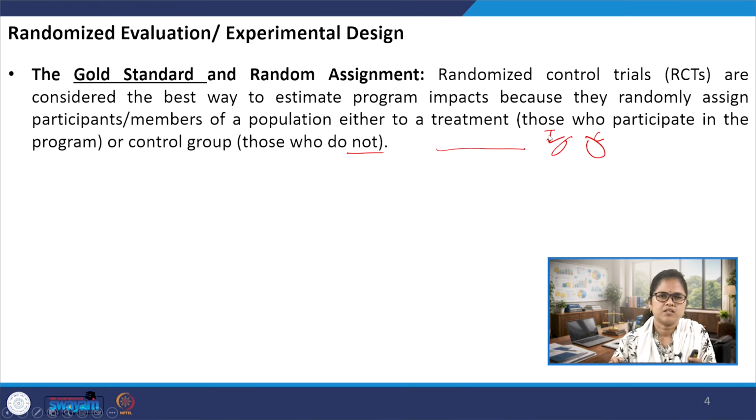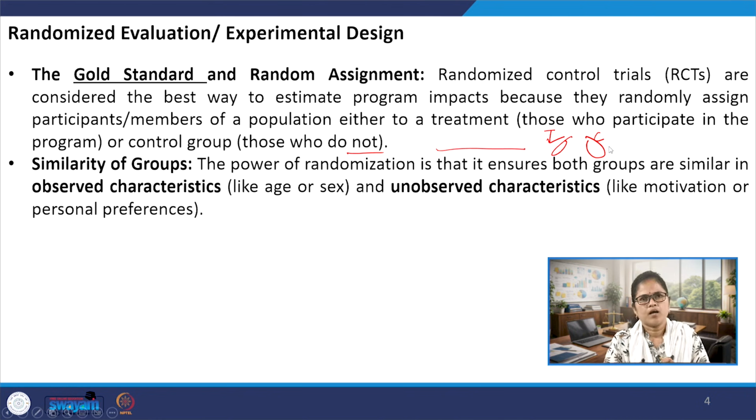That is the reason it is known as the gold standard, because it randomly assigns participants into two different groups, and because of some other features associated with this randomization process.